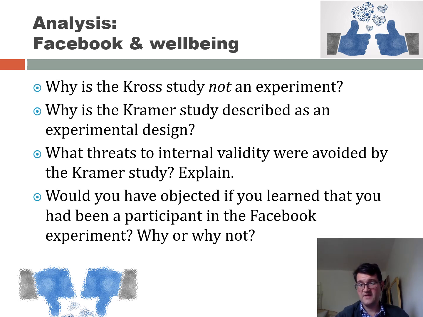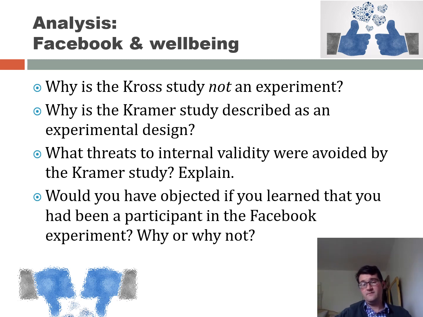So we could see something. The kind of information that people were exposed to online was controlled. Whereas in the Cross study, all we saw was that the amount of time people spend online is inversely proportional to their sense of well-being, their happiness. So if you spend a lot of time on Facebook, your satisfaction with life is lower.